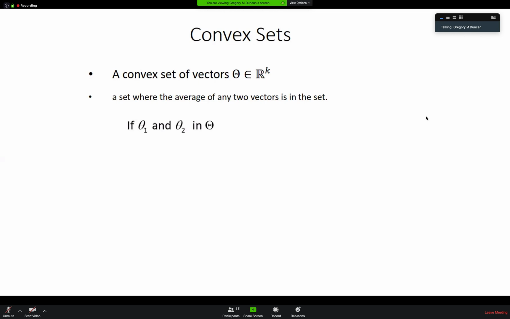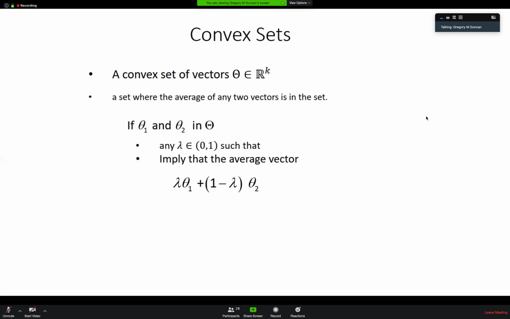Okay, so if theta1 and theta2 are in the set theta, and I have a lambda between 0 and 1, and if it is the case that lambda theta1 plus 1 minus lambda theta2, that is an average of those two vectors, this should imply that the average vector is in theta.